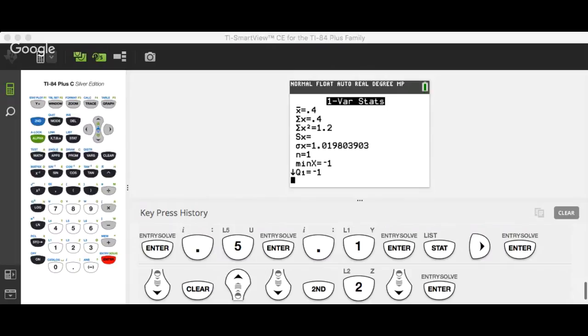So in this example, take the top illustration where the mean is 0.4. What would happen if I multiplied all the values by 2 and then added 3? It would do exactly that. So 2 times 0.4 is 0.8, plus 3 is 3.8, which is my mean.